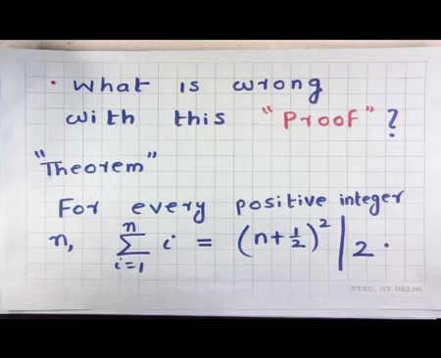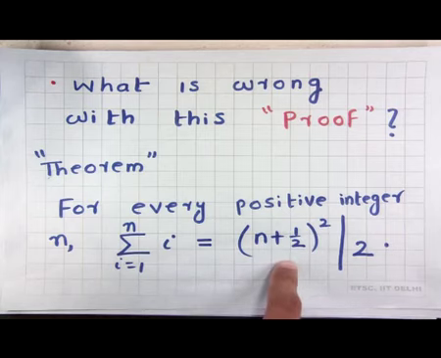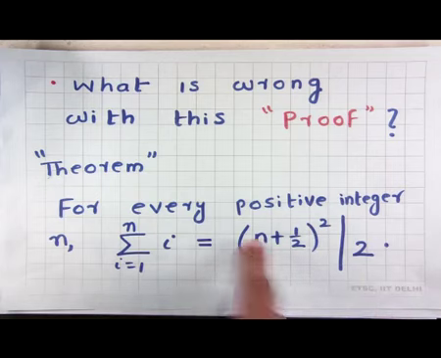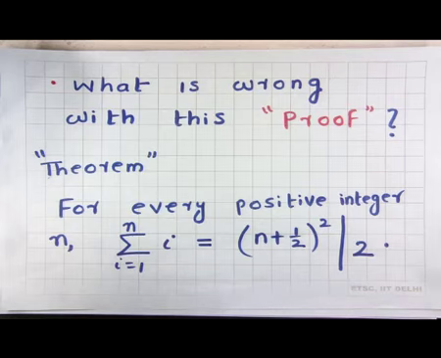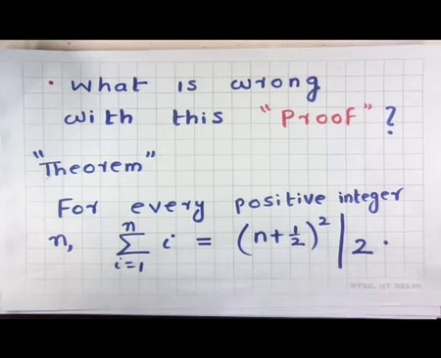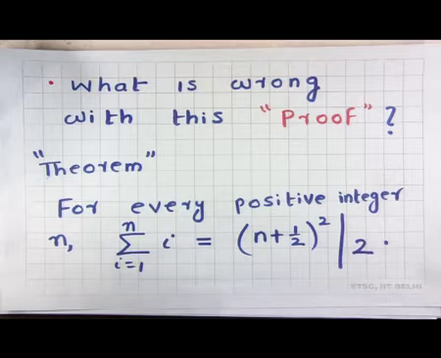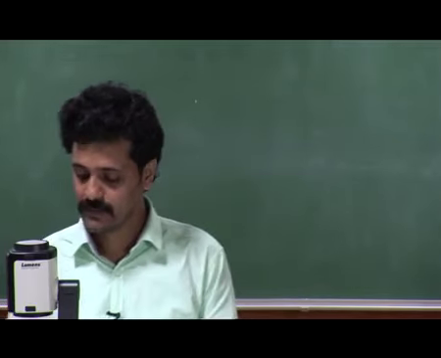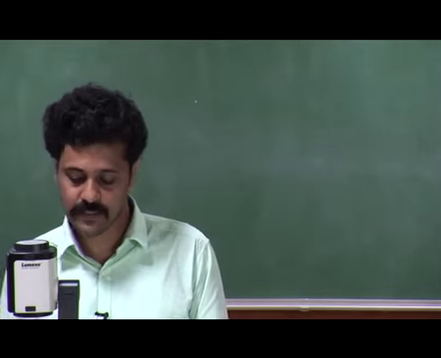There is no sum, there is only one number. So, the left hand side is 1. And on the right hand side, I have to prove that it is (1 plus half) the whole square by 2. But (1 plus half) the whole square by 2 is not 1. So, I cannot say 1 is equal to (1 plus half) the whole square by 2. Hence, though it looks very innocent, you have to verify it and convince yourself that it is true. So, that is what this illustration shows.